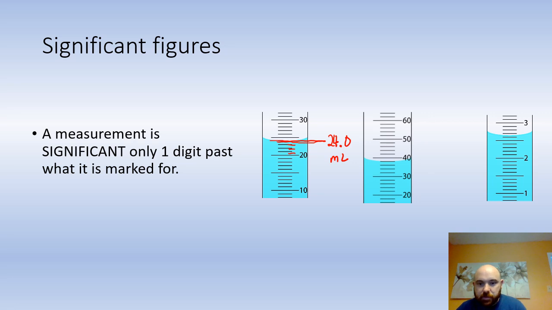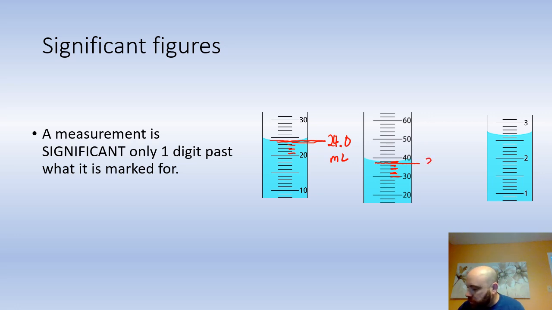For our next example here, this scale is marked with 5 lines in between every 10. So these seem to be marked in about 2 milliliter increments. If we're measuring to the bottom of our liquid level here, if this is 30, this would be 32, 34, 36, and that seems to be directly on the 38 mark.